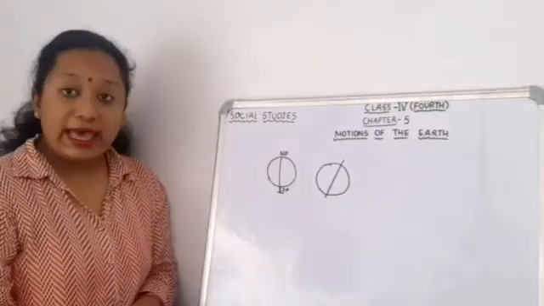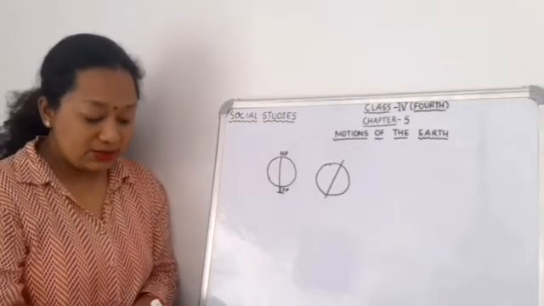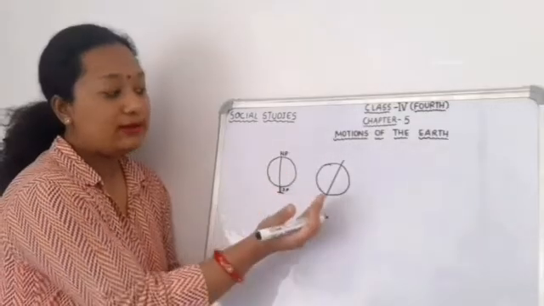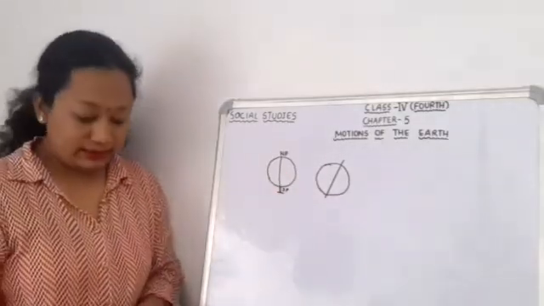Now the angle of the axial tilt differs for each planet. This one is straight, so the angle will be different here, and this one is tilted, so it has a different angle.